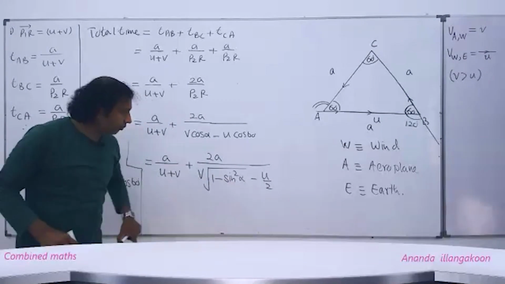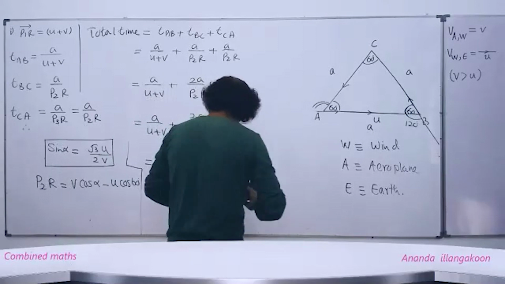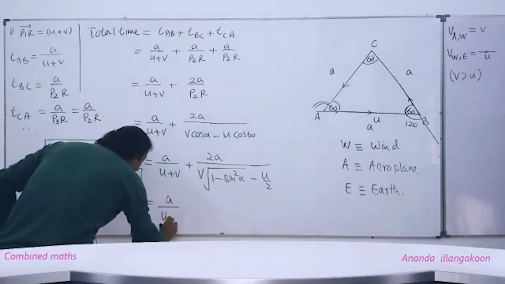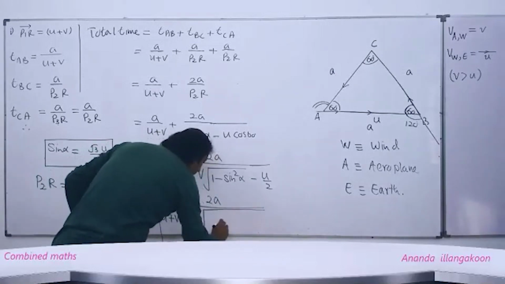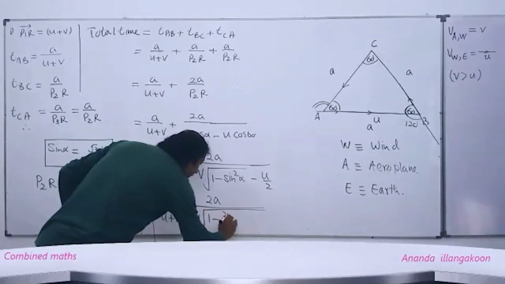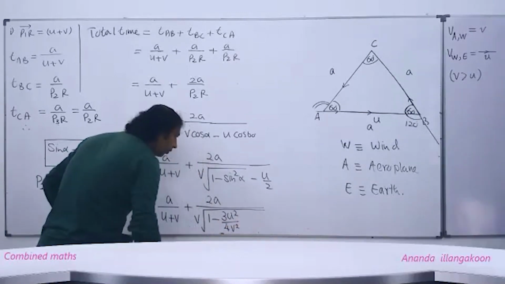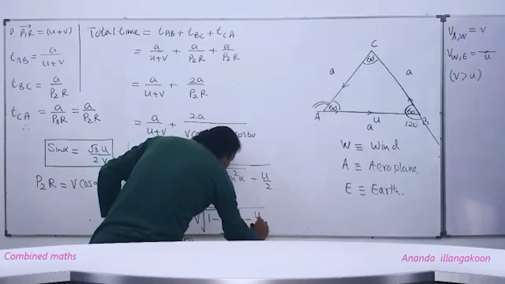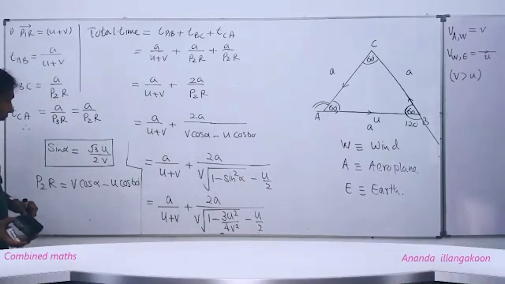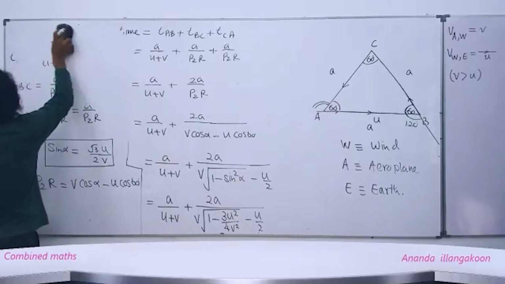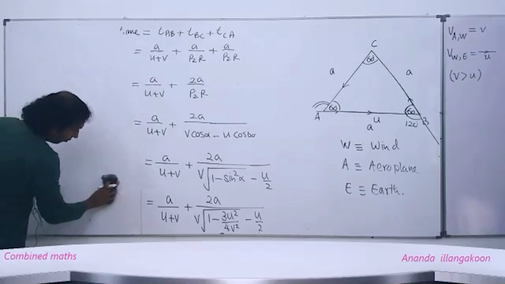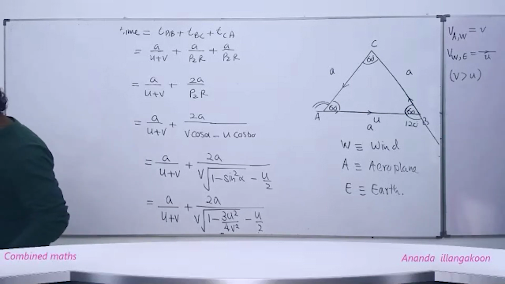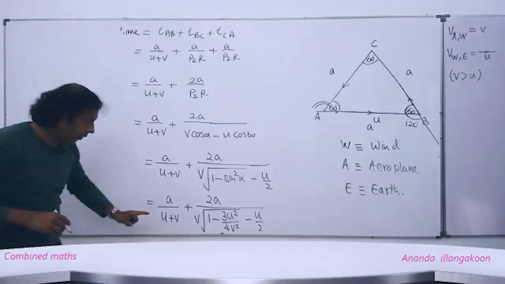Put that here: 1 minus sin squared alpha, 3U squared divided by 4V squared. Now take this 4V squared as common denominator.